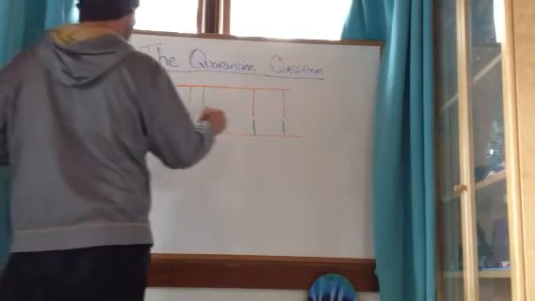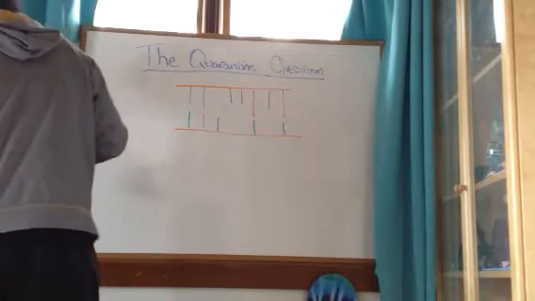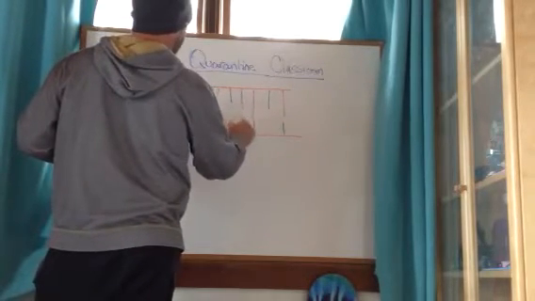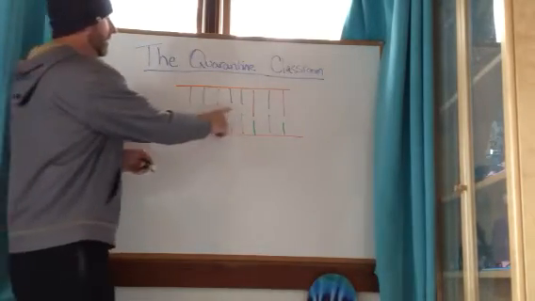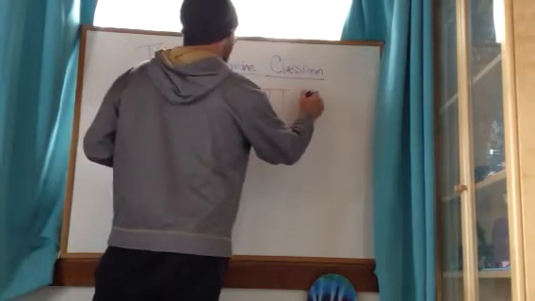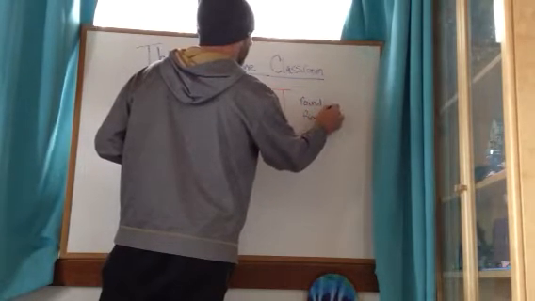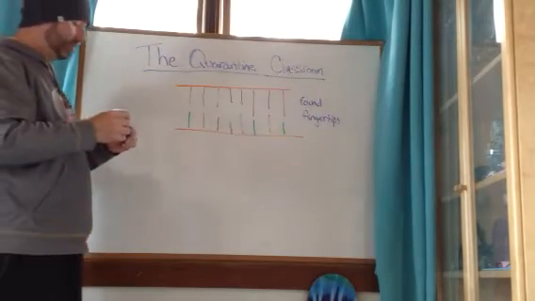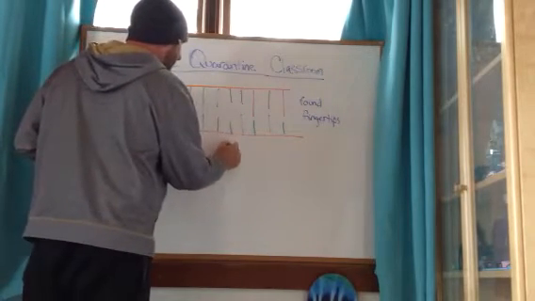Then we have brown, brown, brown, and blue, blue, blue, blue. Okay? This is our gene. This is our sequence. This calls for, let's say, round fingertips.